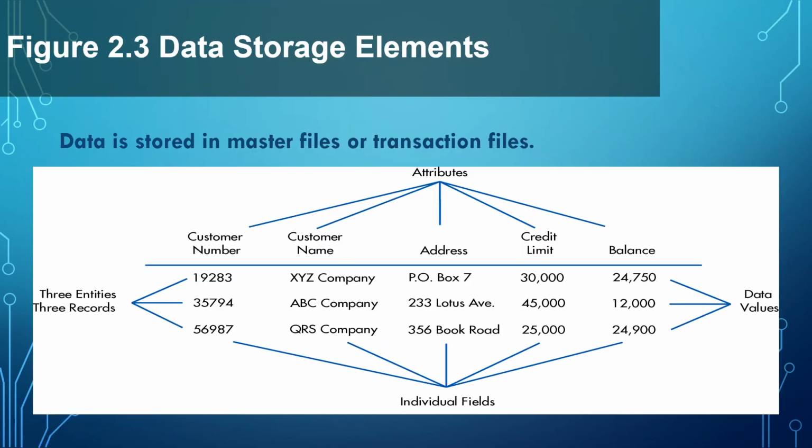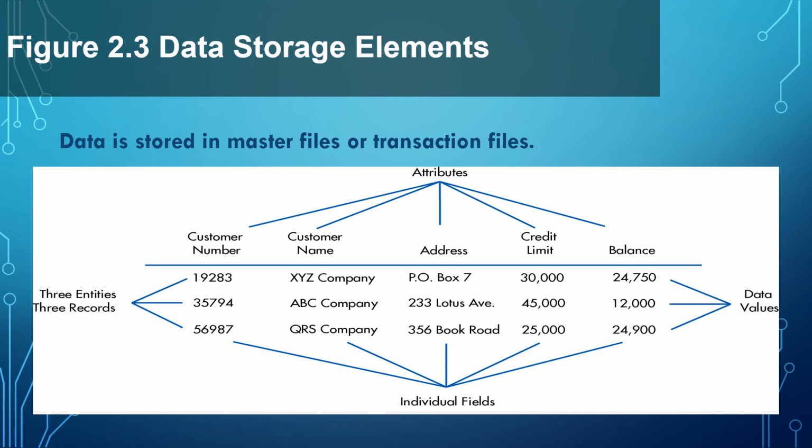Okay, now these figures are trying to show us the data storage elements, as we said in the previous class, when we brought the introduction about the filing, in the introduction about the accounting information system in general.